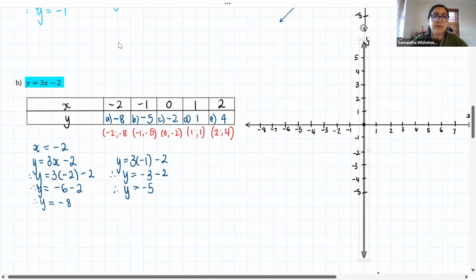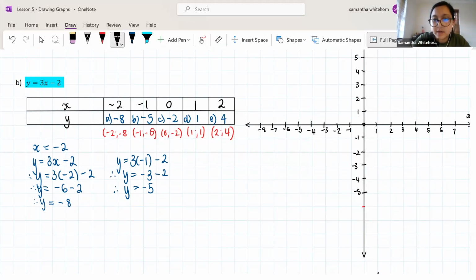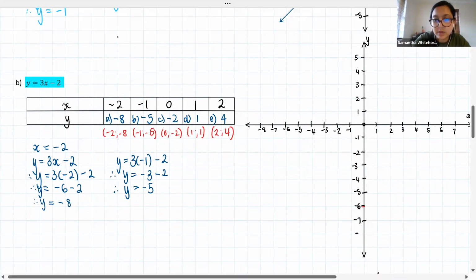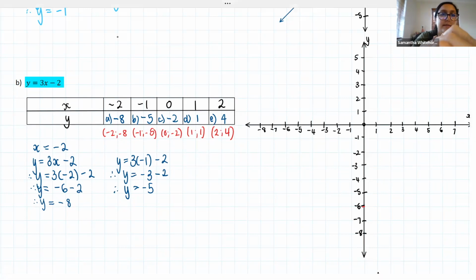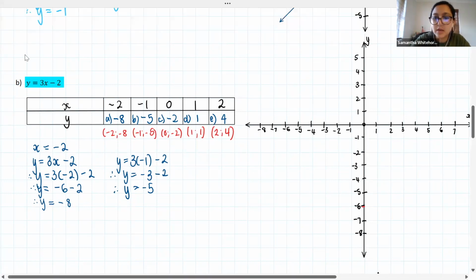Right. So negative 2 on the x-axis, down to negative 8 on the y-axis, I've just made mine longer. Negative 2 down to negative 8. There's my first point. Next coordinate, negative 1, negative 5.